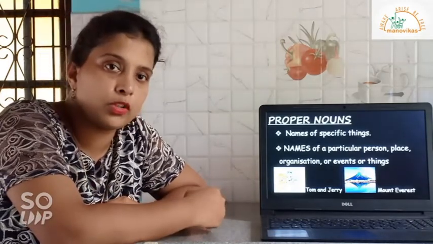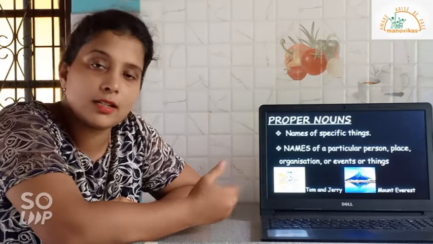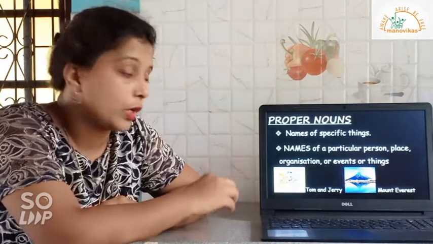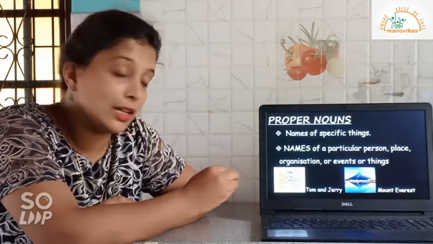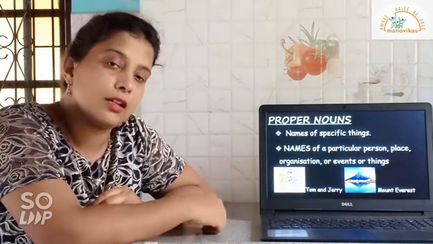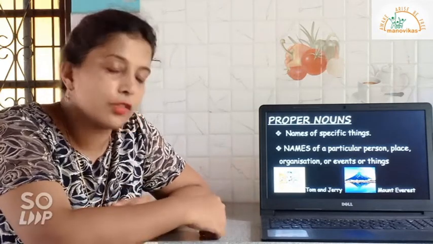Otherwise, we would refer to them as a rat and a cat. But when we speak of these animals with their names, the names are proper nouns. In the other picture we have Mount Everest. Mount Everest is also a proper noun.